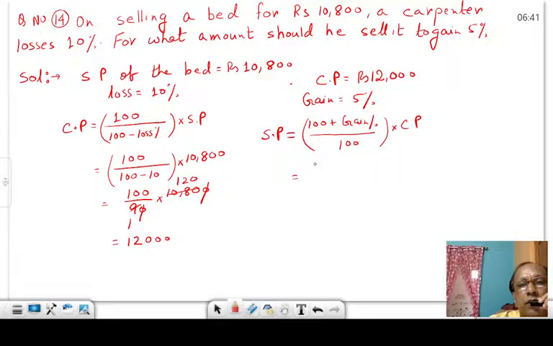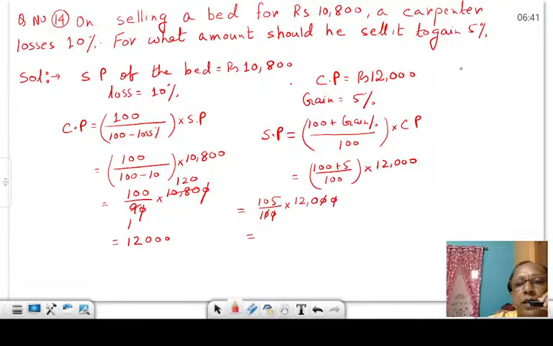Therefore, we are getting 100 plus 5 by 100, into cost price, rupees 12,000. Therefore, we are getting 105 by 100 into 12,000. So this zero will cut, this zero will cut. That is, we multiply 105 with 120.